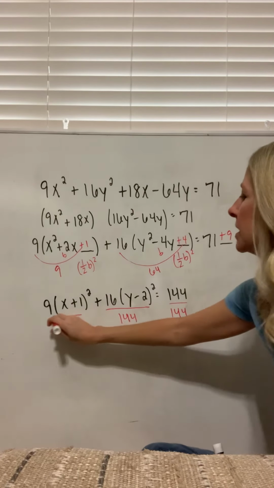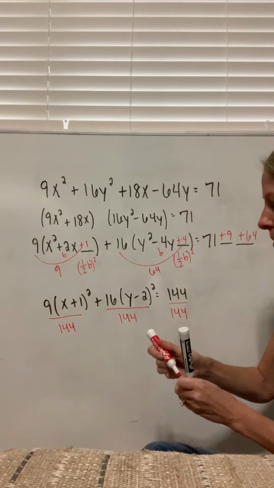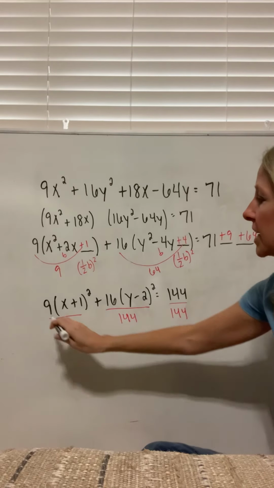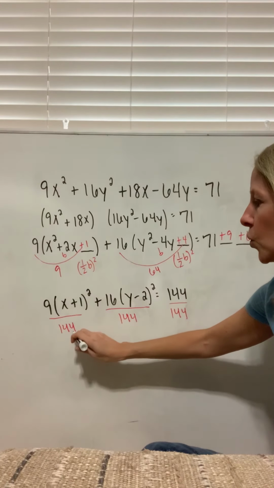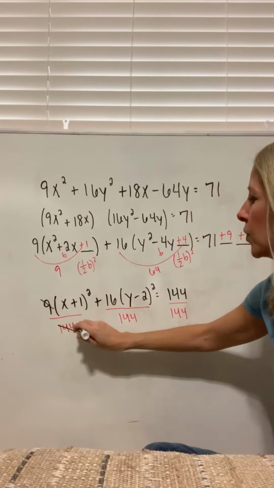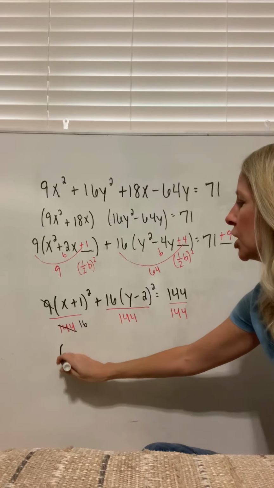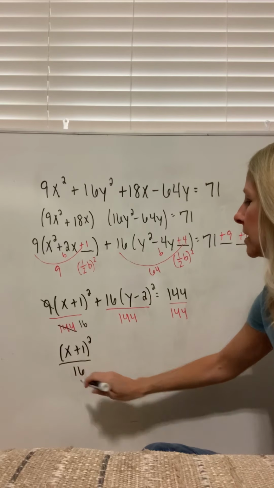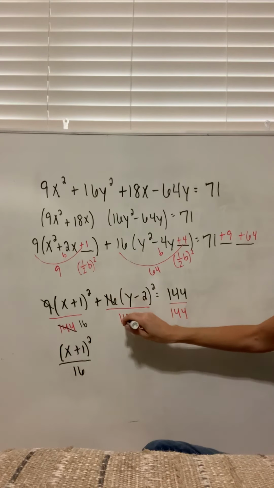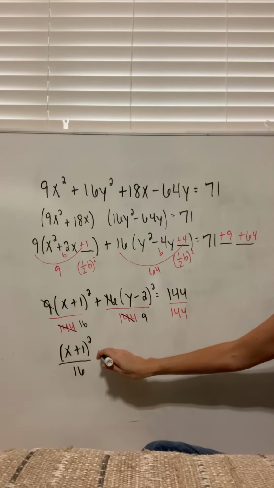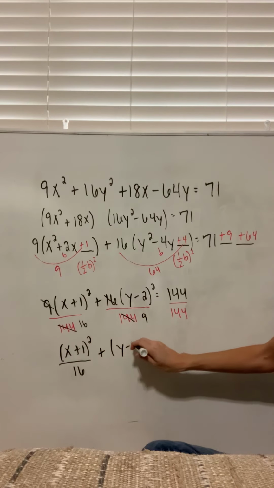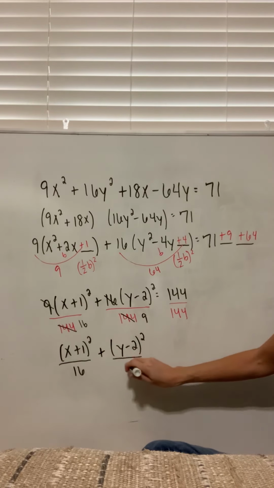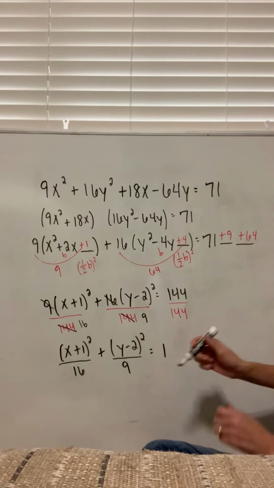When you take these fractions and reduce them, on the first one, 9 goes into 144 16 times. So you're left with (x plus 1) squared over 16. 16 goes into 144 9 times. So you have plus (y minus 2) squared over 9 equals 1.